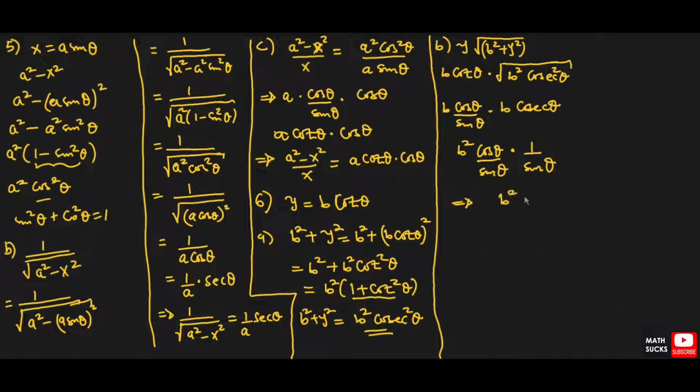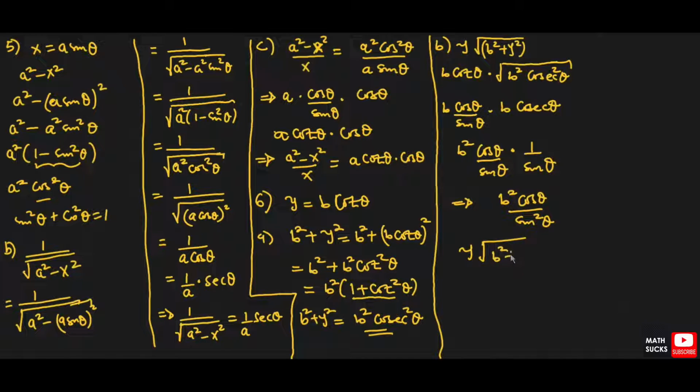These two can multiply, giving us b squared cos of theta, everything over sine squared of theta. But what is sine squared theta? That can be taken to the cosec.